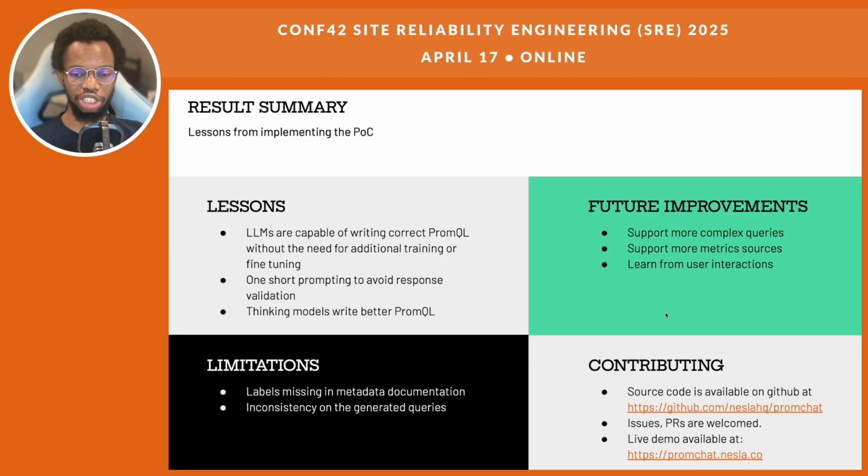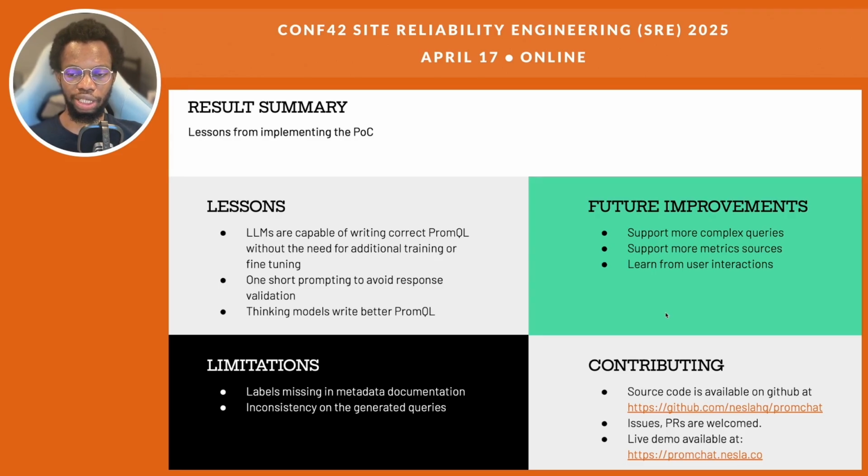Some of the limitations we also observed in the course of working on this project: the ability to pull this off depends largely on the quality of documentation you add to your metadata. Prometheus always has the metadata API available, and it tells you these are the metrics I have and these are the types of those metrics.